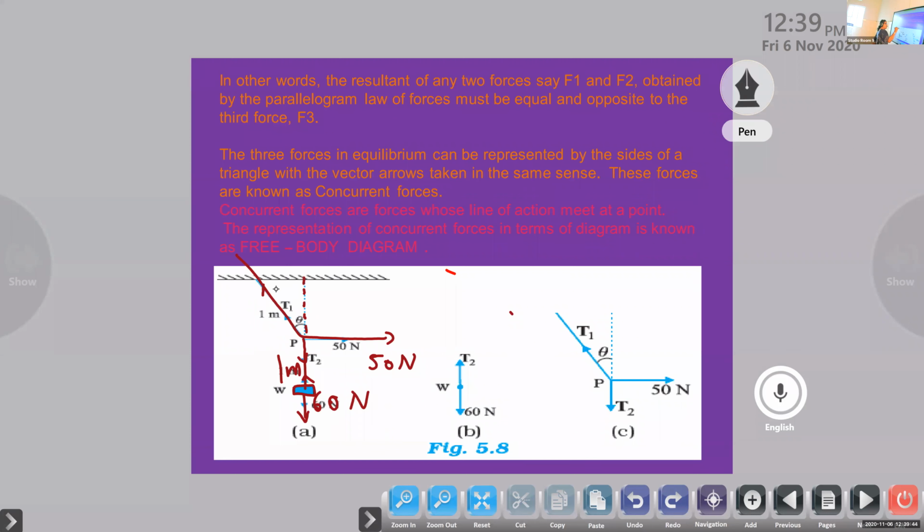There is another line moving. This is tension 1 and this is tension 2, and this is the weight. A weight is suspended in a thread, and there is an angle theta. Just draw it.